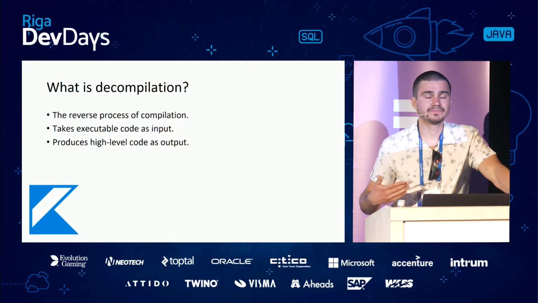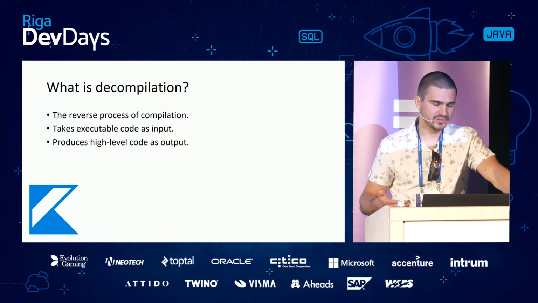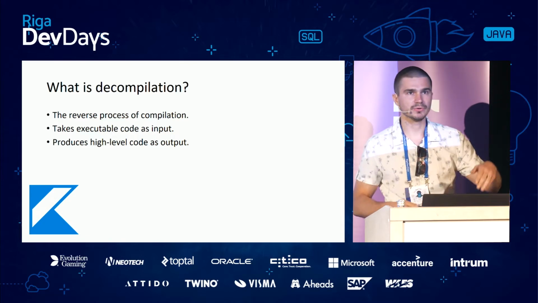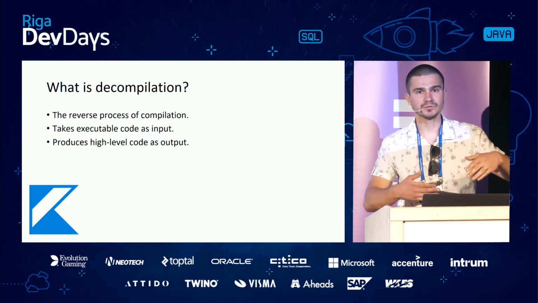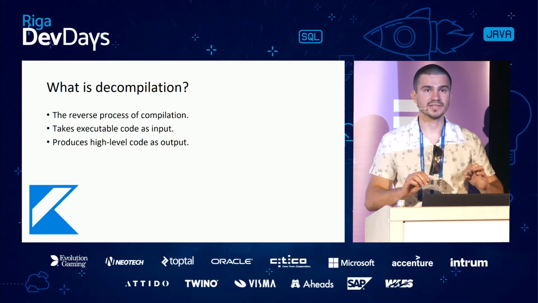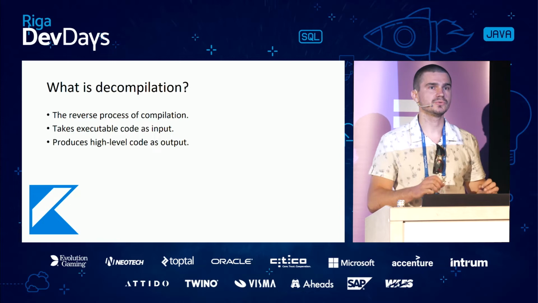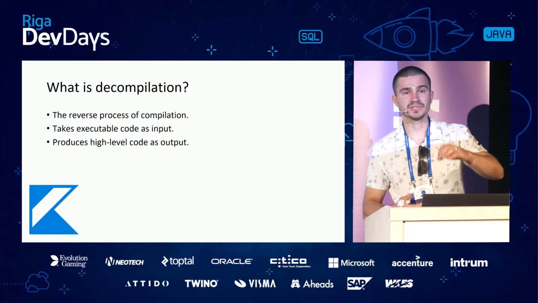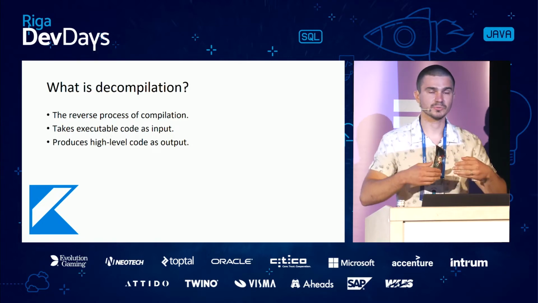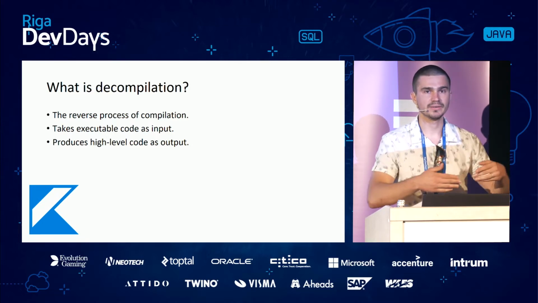Why am I speaking about all of those details? Because in our presentation we are going to compile Kotlin code to the form of this bytecode, which we look at. And after this, we are going to decompile it. It's another process which just takes machine code and converts it to a high-level language.